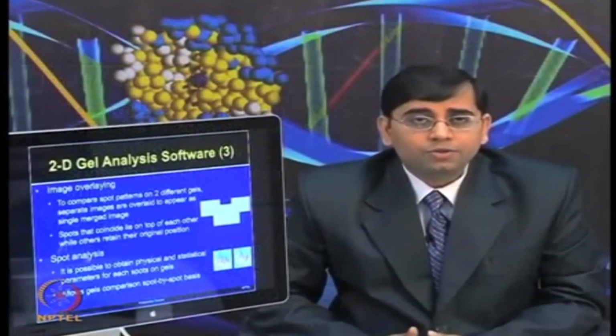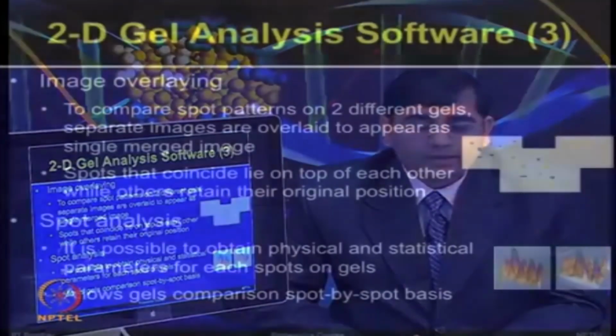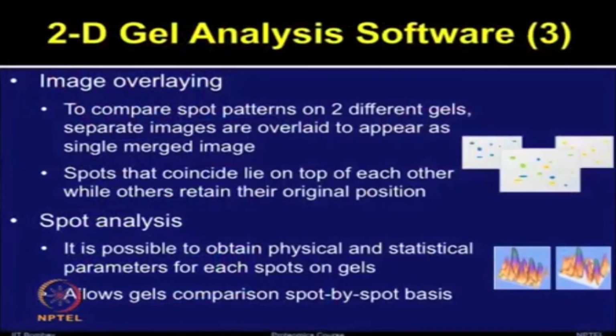Then you would like to do the spot analysis, where it is possible to obtain physical and statistical parameters for each spot present on the gel. You can look at the three-dimensional views of each spot, how they differ from the control to the treatments, and then you can compare the gels on a spot by spot basis.